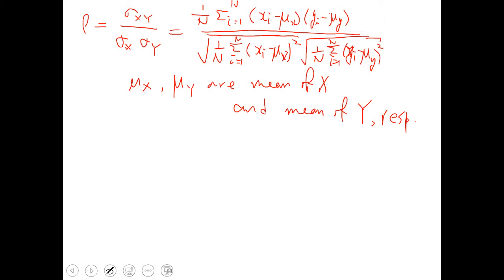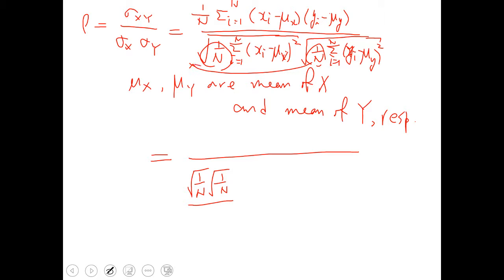So here, the square root of 1 over n and the square root of 1 over n, these two values go outside.